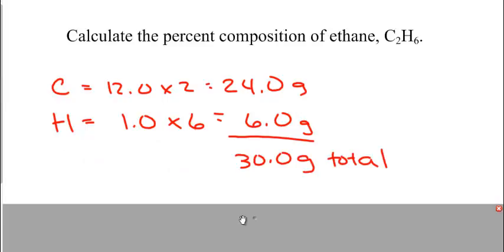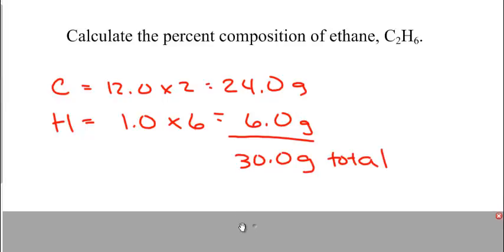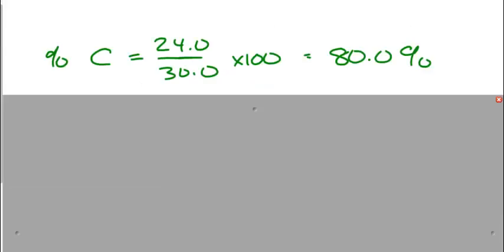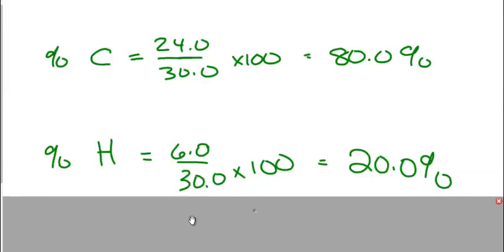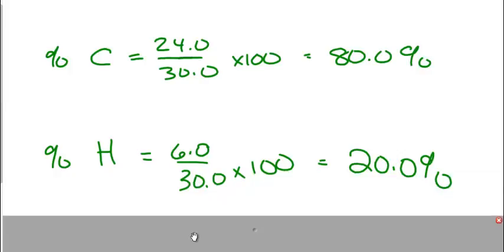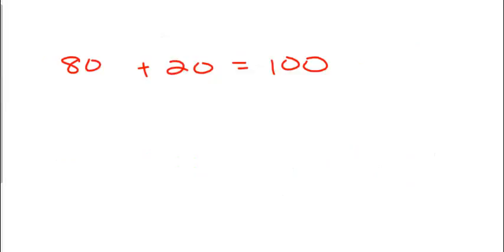So the total mass is 30.0 grams. Now to find each percentage, I'll take carbon's total over the total for the compound, 80.0%, and hydrogen's total over the total for the compound gives me 20%. And of course, 80 plus 20 gives me a total of 100.